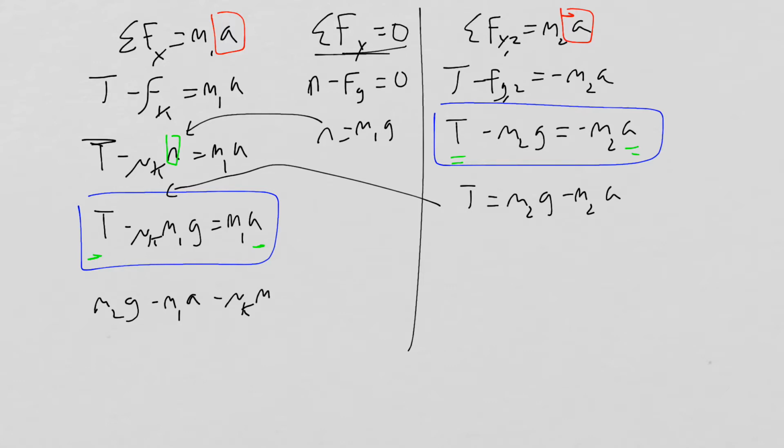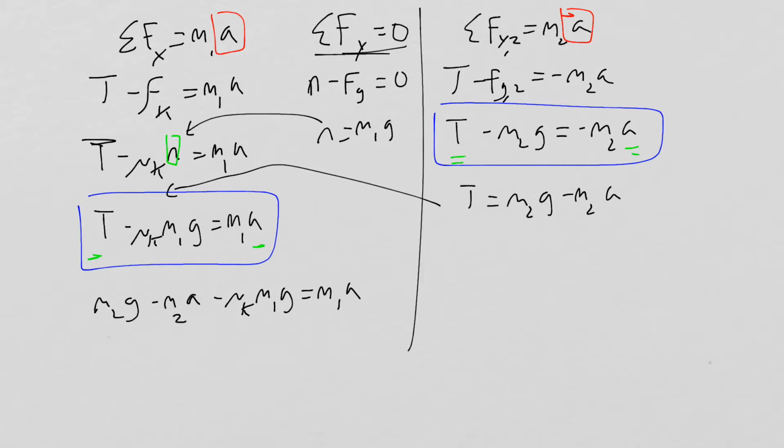This gets us the acceleration because I've eliminated the tension variable. Oops, this one is m2, not m1.